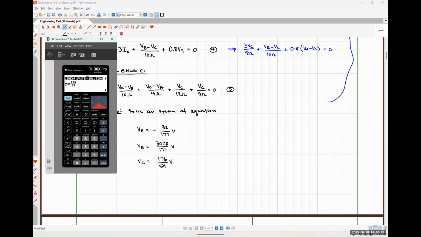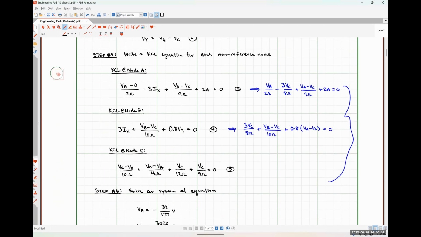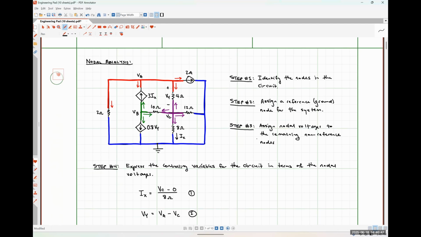Okay, so we've solved this system using nodal analysis. So we know what those three nodal voltages are. Now let's take this a step further and see what we can do with this information, okay? So I'm going to scroll back up here to the very top, and let's say that I was interested in finding the power supplied by the current controlled current source, okay?